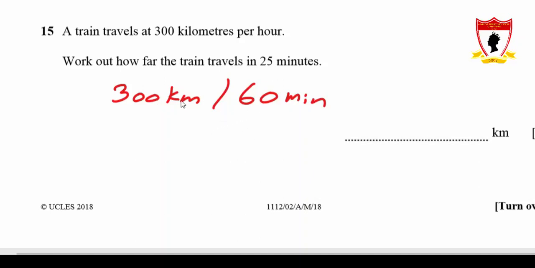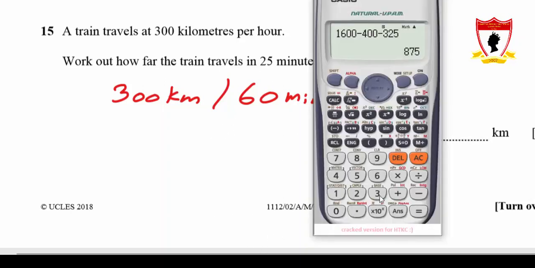Okay, here, if we divide 60 by 12, we will get 5. So we're going to divide everything by 12 to get the distance in 5 minutes. Then 300 divided by 12 is equal to 25.